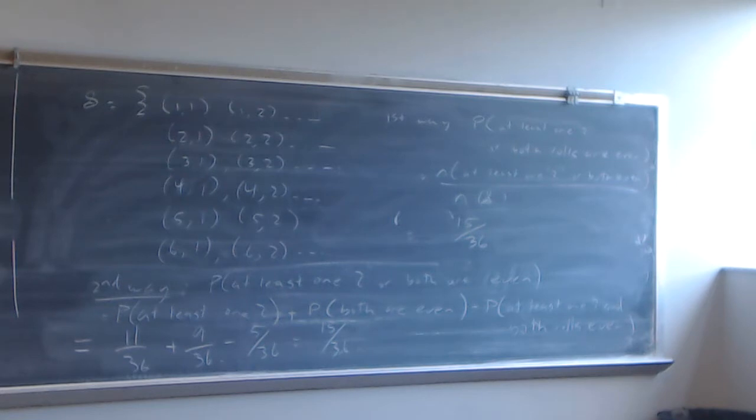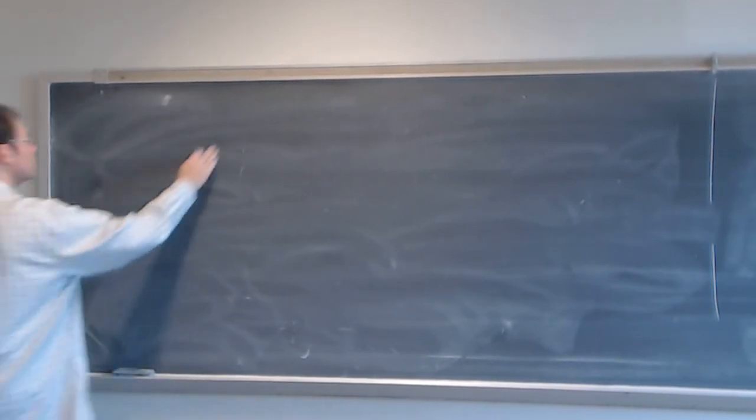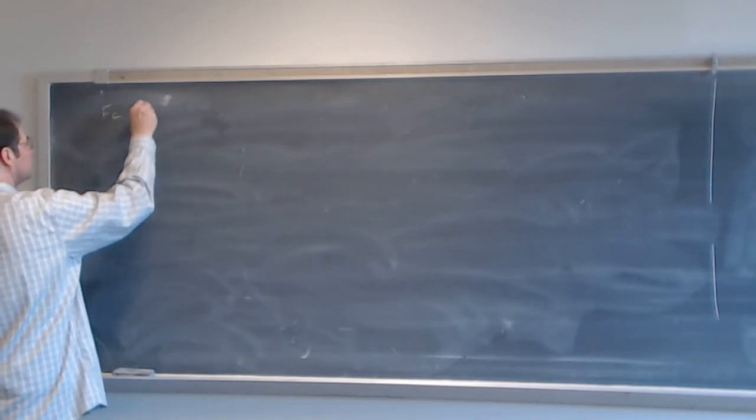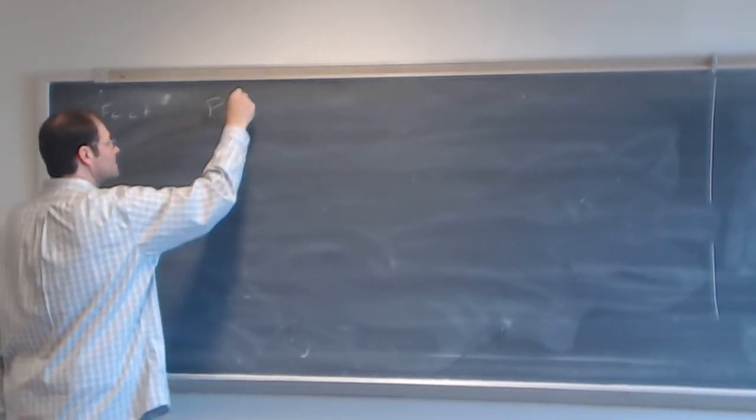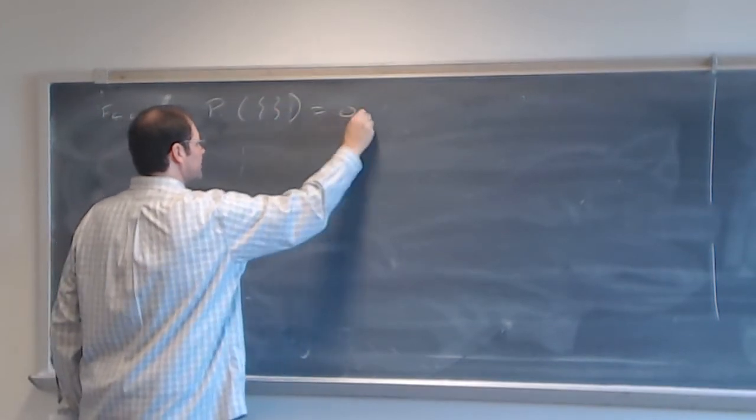Now, next thing we want to do is look at one more probability fact. So the next probability fact is that the probability of the empty set is equal to 0.